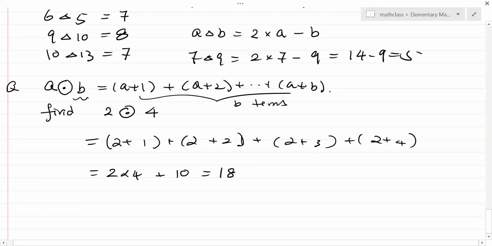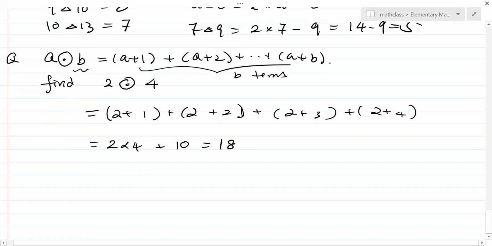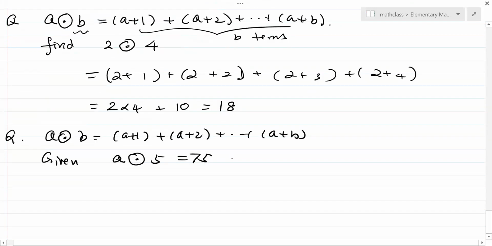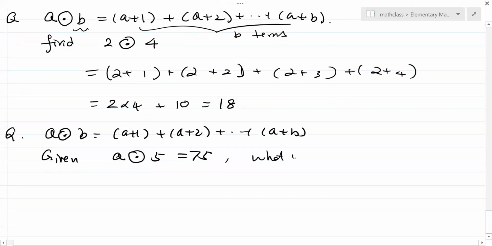Great. So I'm going to change the problem slightly. I still define the same operation. Okay, given the following information, I have A circle dot 5 is going to be 75. So my question is, what is A? That's unknown.